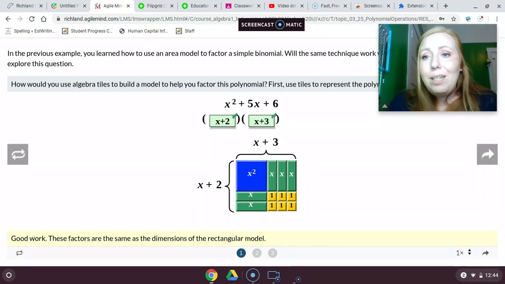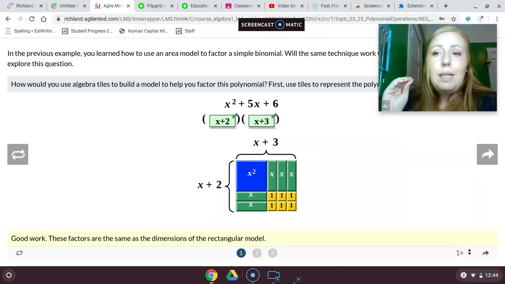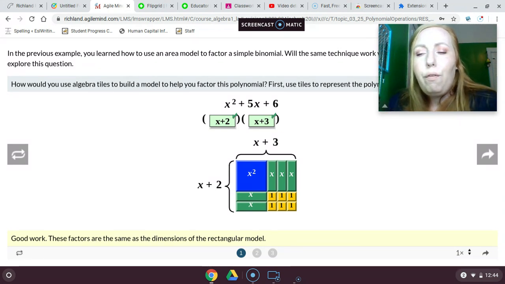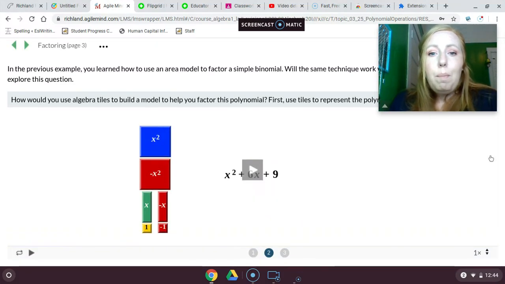Now I want you to take a minute and move on and do D, or maybe it'd be problem number 2 for you in Go Formative. I want you to draw out an area model using algebra tiles for x squared plus 6x plus 9.